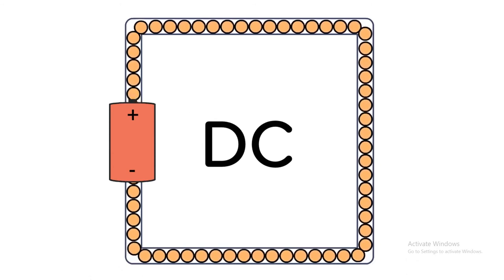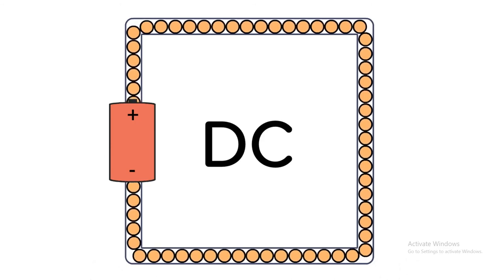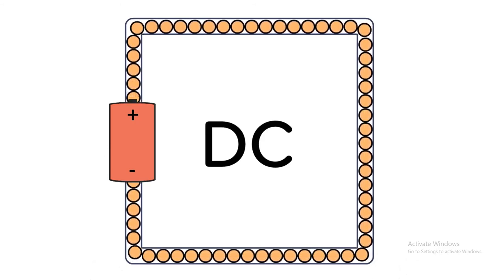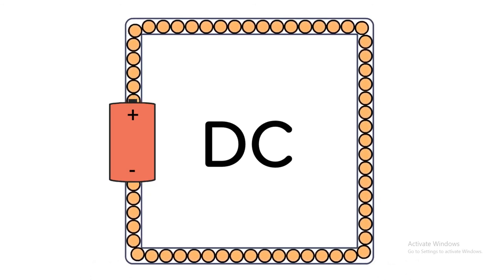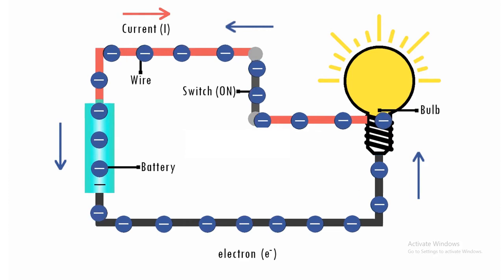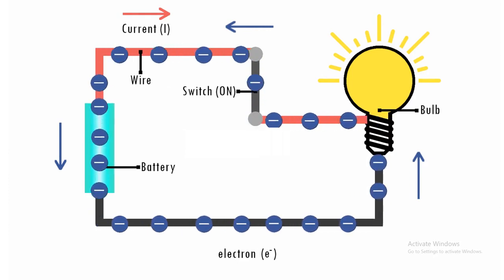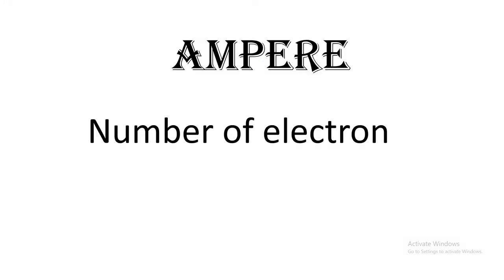So the amount of electron is called ampere. You can see here in this circuit, a lot of electrons are passing through, so it means the ampere is very high. And in this circuit, the amount of electron is very low, so it means the ampere is low. So the number of electrons is called ampere.